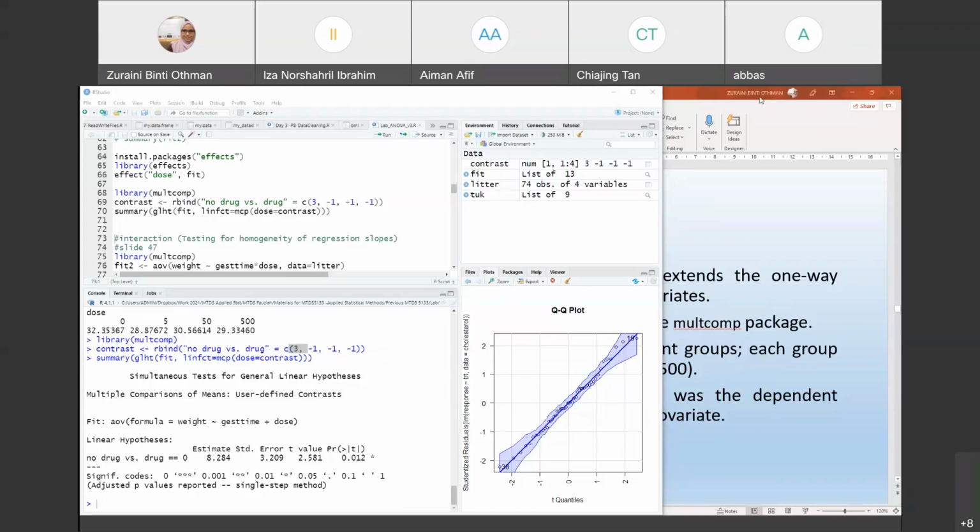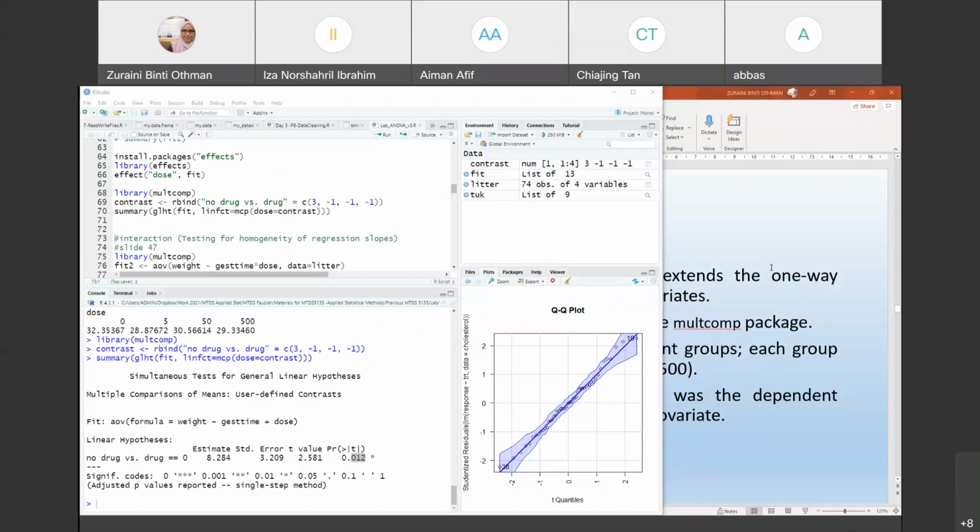They want to show you the contrast between no drug versus drug, the first group with the average of the other three. The hypothesis is tested with a t-statistic of 2.581 in this case, which is significant as the p-value is less than 0.05. Therefore you can conclude that the no drug group has a higher birth weight than the drug condition. So this is the conclusion that you may draw.